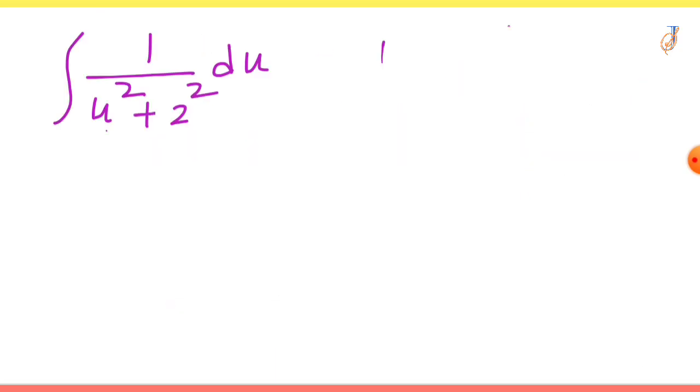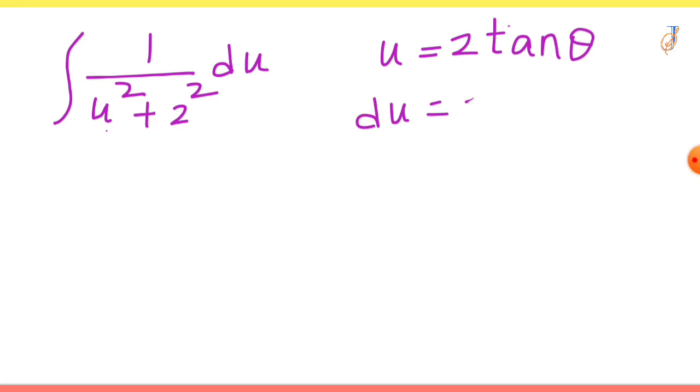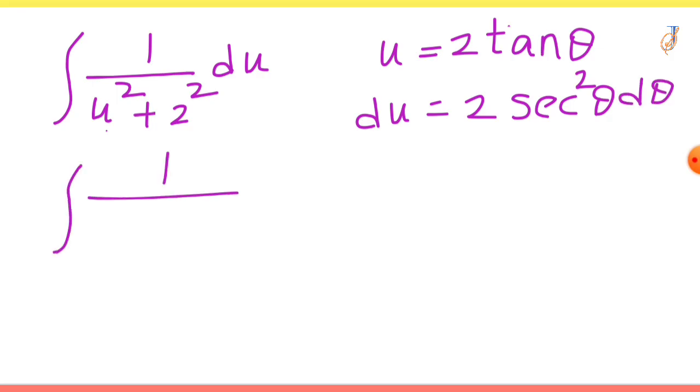Consider this u as 2 tan theta. Then if you do du, we get 2 times the derivative of tan theta, which is secant square theta d theta, isn't it? So let's substitute here. After considering u as 2 tan theta, u power 2 is nothing but 2 power 2 tan square theta plus 2 power 2.